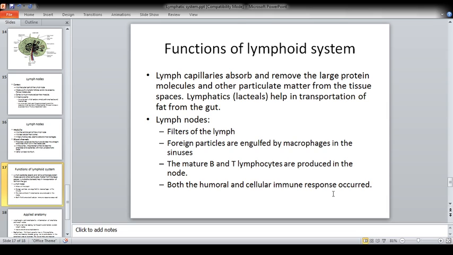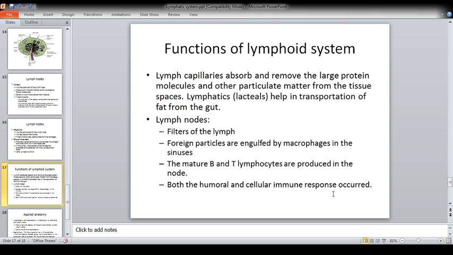On the other hand, cellular immune response is when our cells are particularly engaged in destroying that particle. So it is just like arresting a criminal. So your cell has to be there, has to grab that bacteria or the foreign particle, has to engulf that and then try to break it.